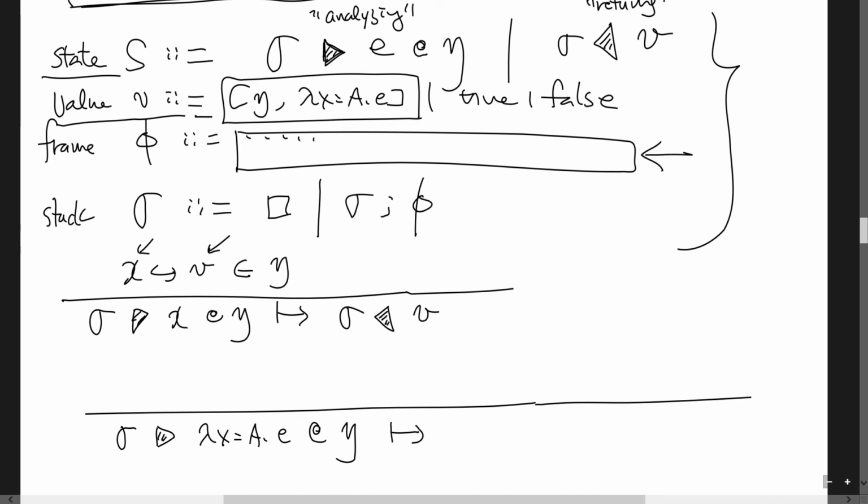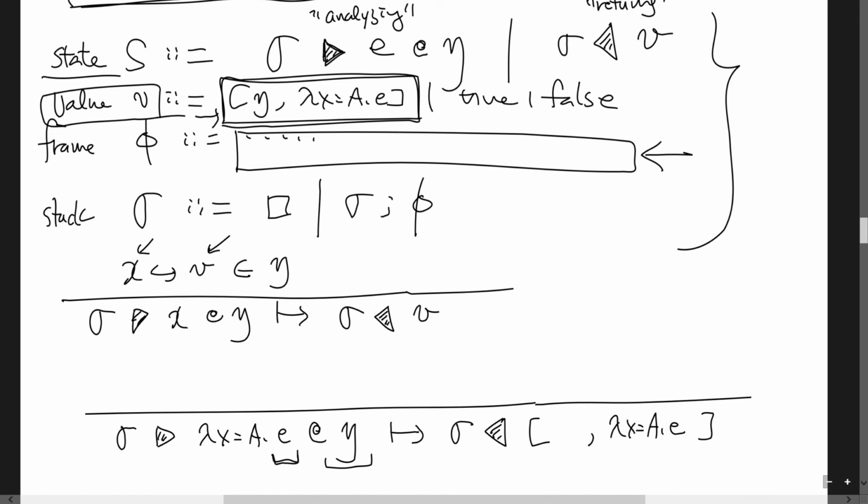So it's time to create this closure. So let's create a closure, and closure is a value. So let's return this value called closure. So we build a closure here. The second component is, of course, this lambda abstraction. And what is the closure? This environment contains everything you need in order to resolve the free variables in expression E. So of course you want to use this environment data. Now this one is practically closed, so it's called closure.